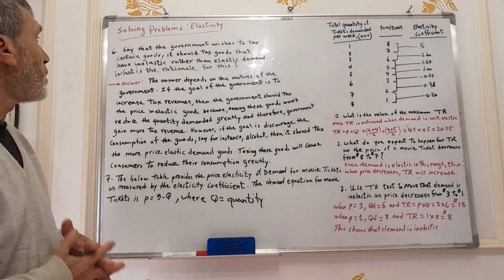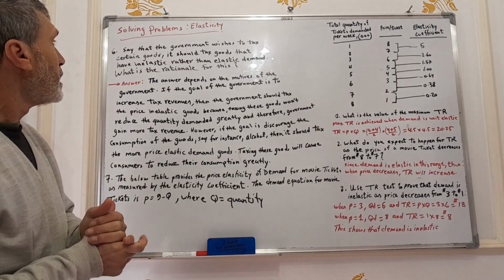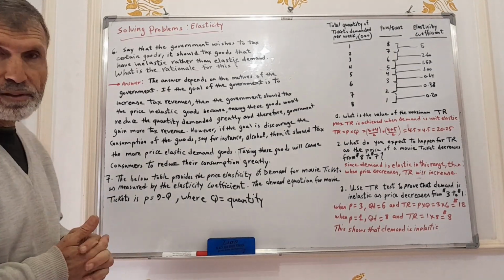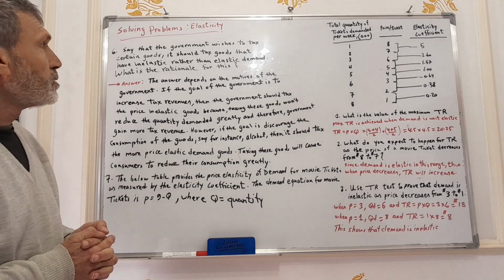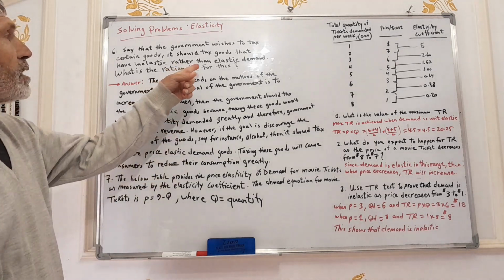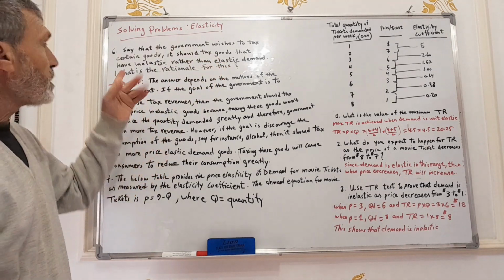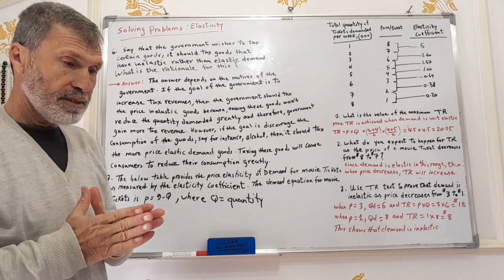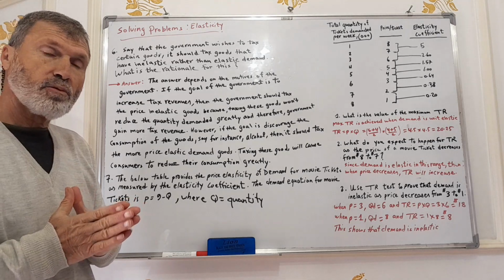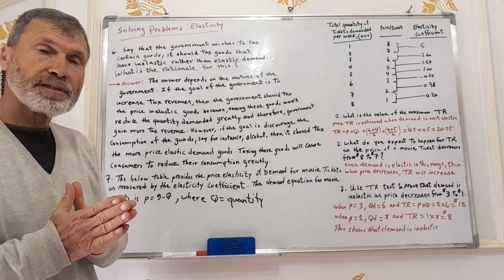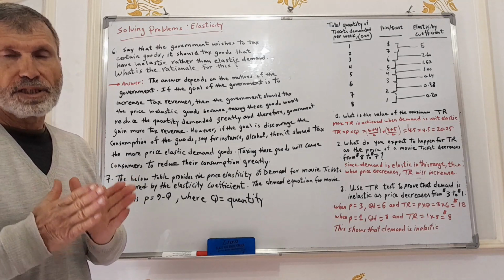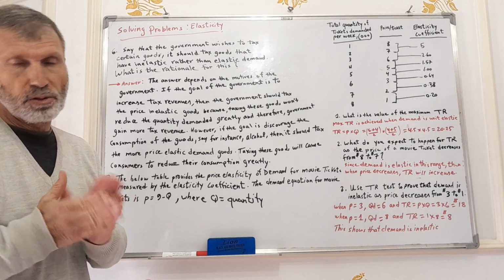Okay, now problem number 6. It says that if the government wishes to tax certain goods, it should tax goods that have inelastic rather than elastic demand. What is the rationale for this? Of course, the answer will depend on the government's intention or motives for taxing these goods.